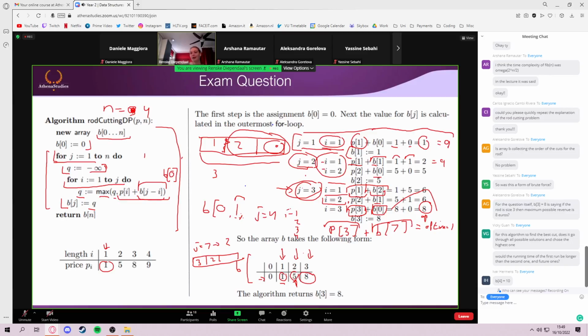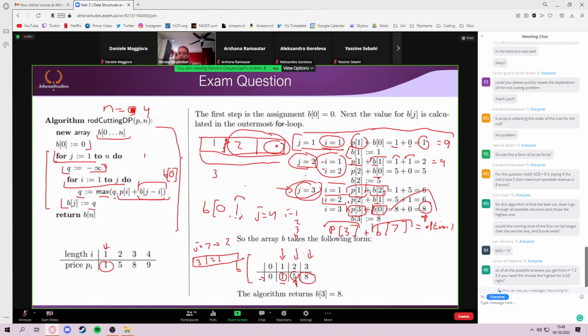Do you also know how you need to cut to get this 10? Yeah, exactly.